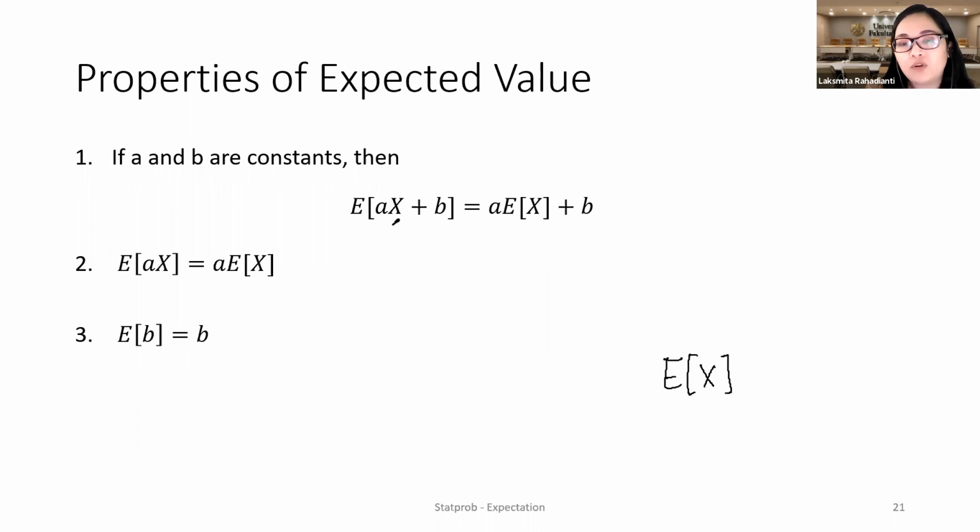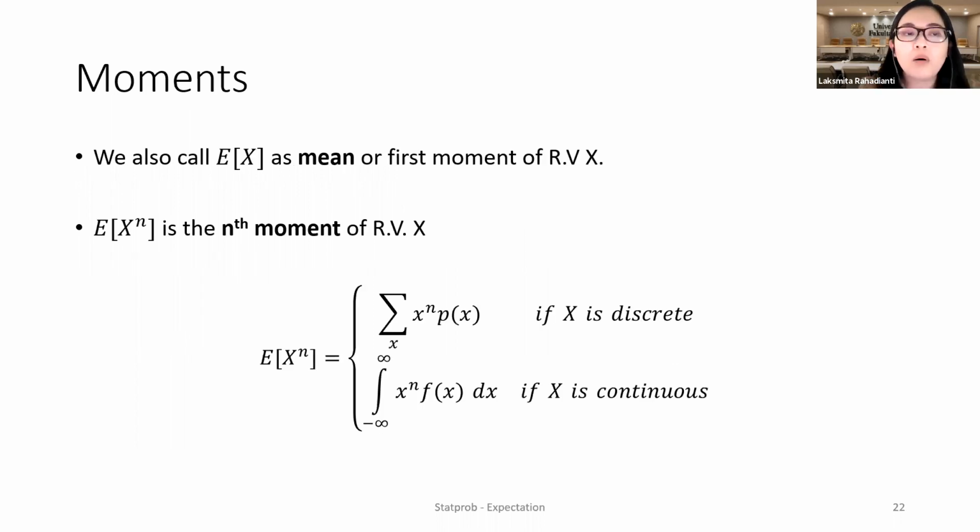And note that you can also compute the moments of the random variable. So when I say E[X], it's the same as writing E[X^1], right? So that's the first moment, and the first moment is the mean. Then the second moment, the third moment, and so forth can also be computed as an extension of the original equation of expectation as follows.